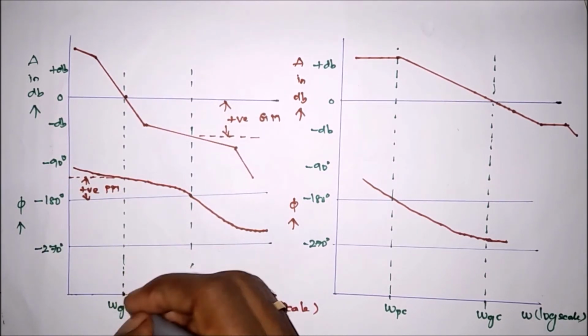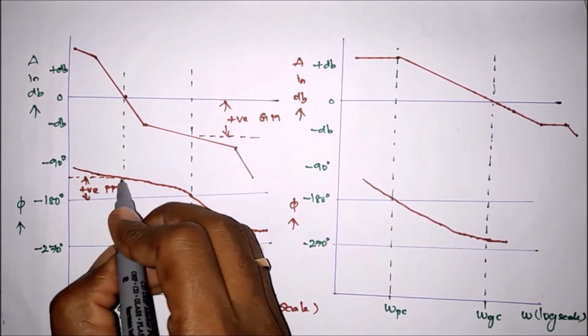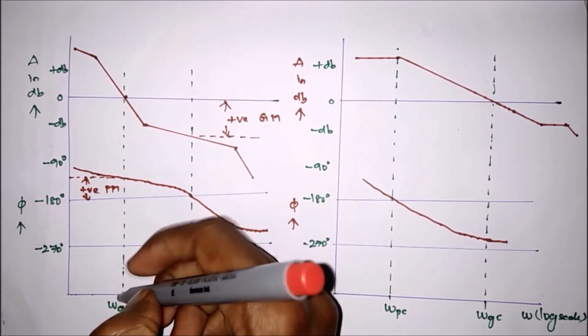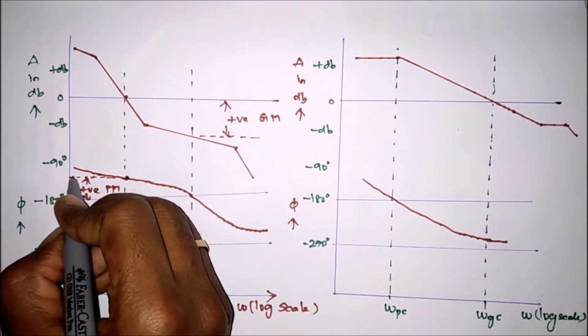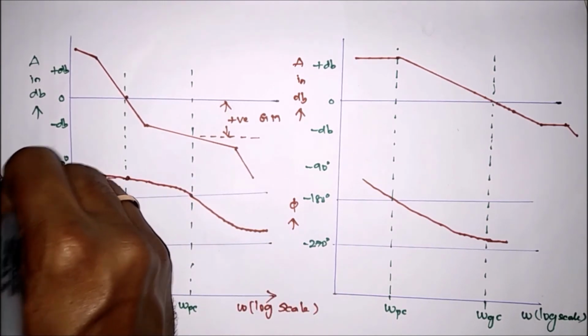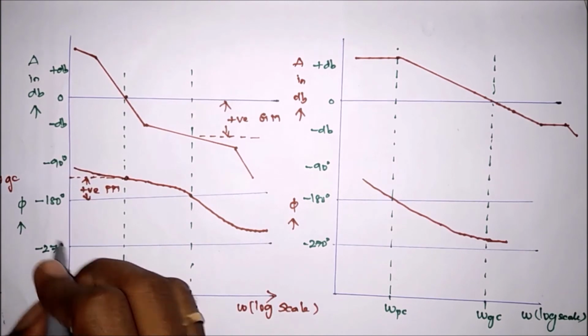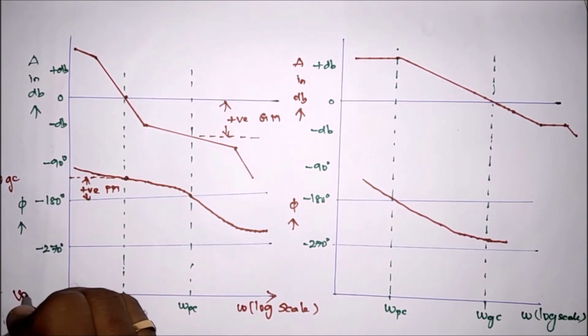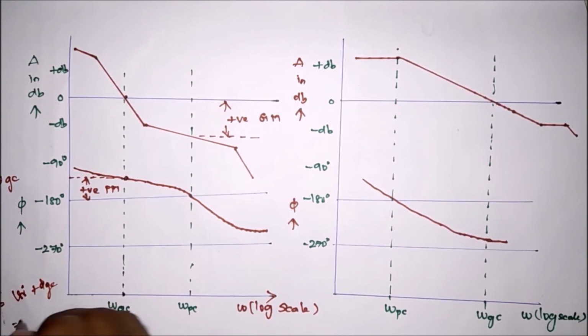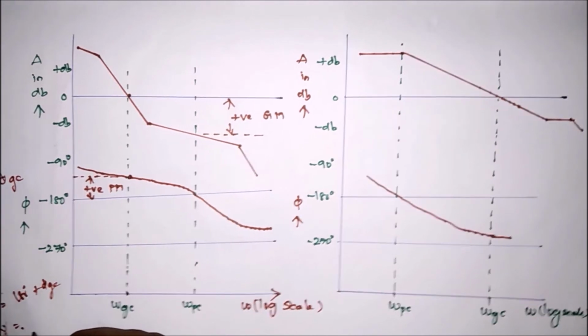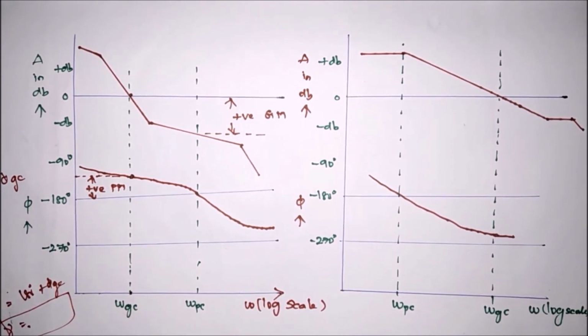Where the gain crossover frequency cuts the phase plot, its corresponding angle is phi GC. We have to add this phi GC with 180 degrees, so we will get the phase margin eta.